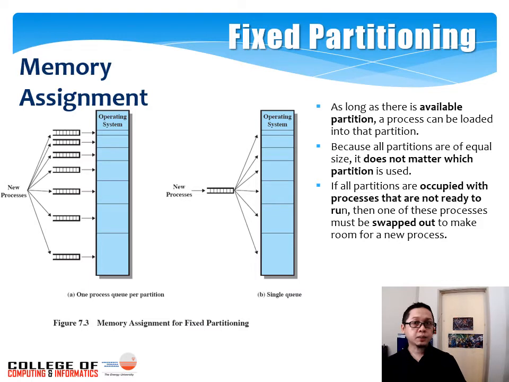So in fixed partitioning, as long as there is an available slot that can be used, new processes can continue to come in and occupy those slots. Only if all those slots are already occupied, then swapping in and out must be done to accommodate new processes.